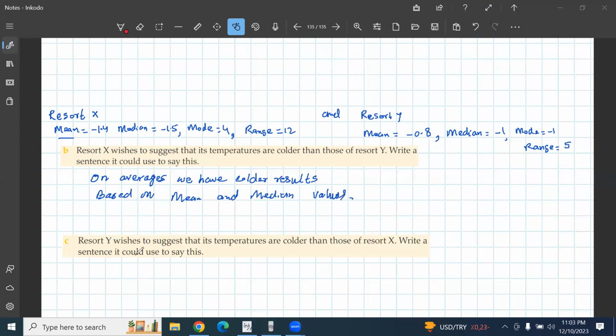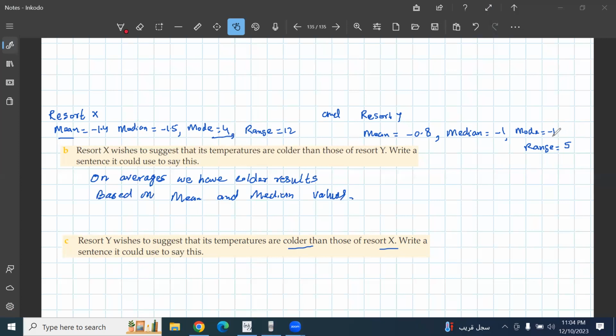The same way we can say the answer for resort Y on the basis of these averages. So resort Y wishes to suggest that its temperature is colder than those of resort X. Write a sentence it could use to say this. If you check the answer of mode, it is negative 1, and here we have mode 4.